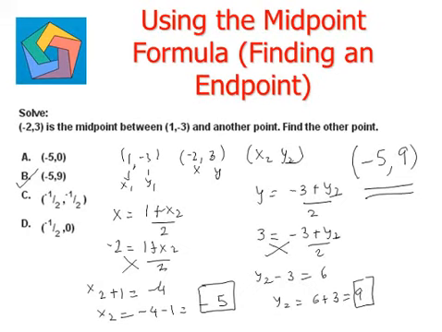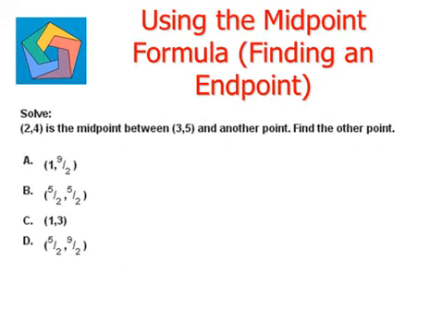Let's look at the next example. Solve: 2, 4 is the midpoint between 3, 5 and the other point. Here again x2 and y2 are the other point, and x and y is 2, 4. So x is given by x1 plus x2 divided by 2.